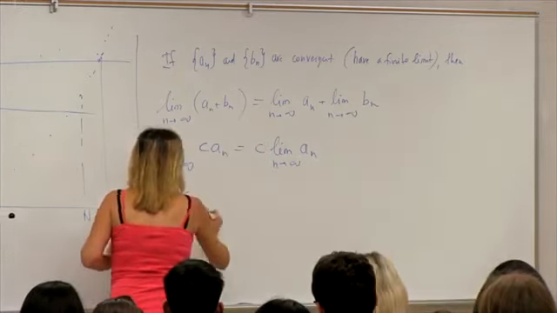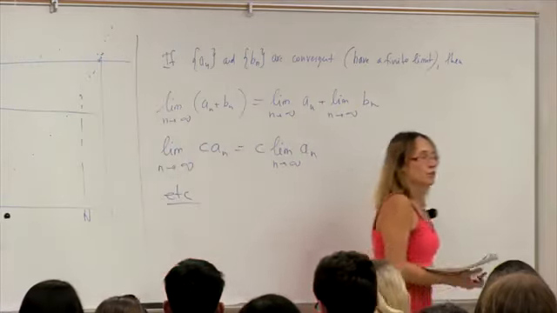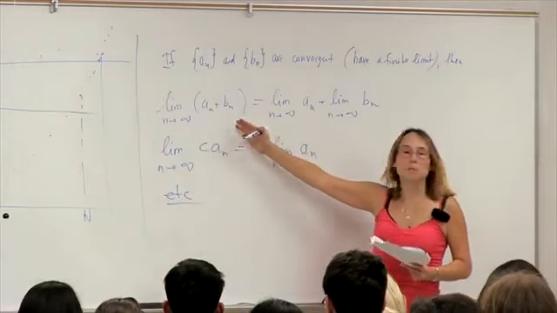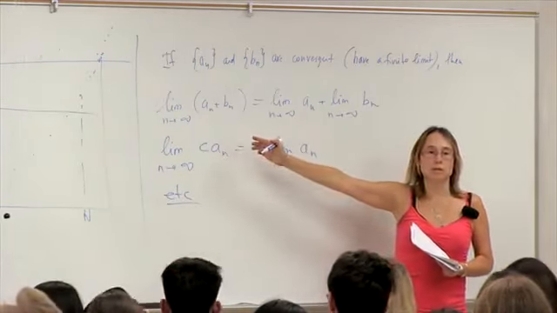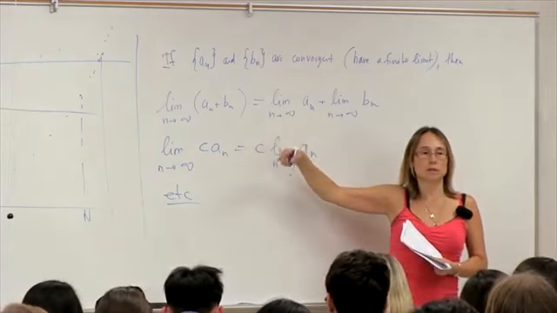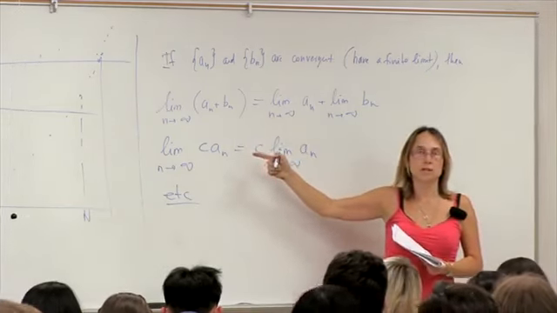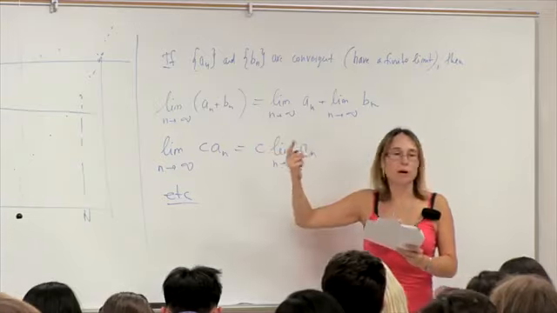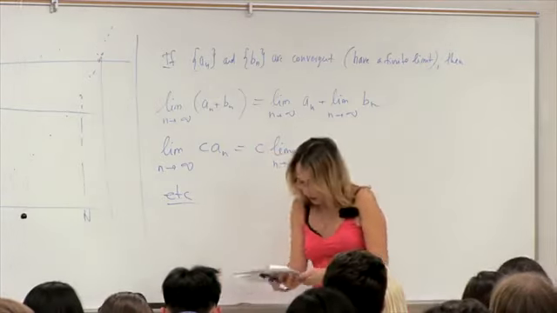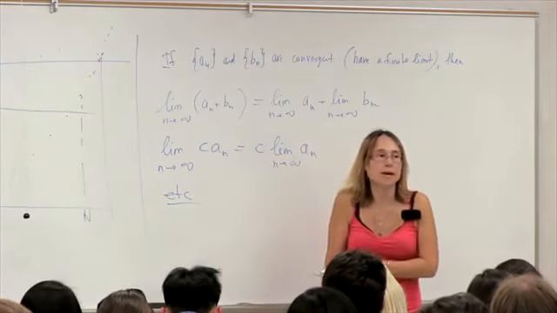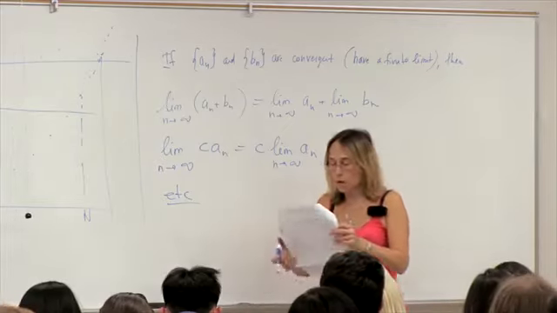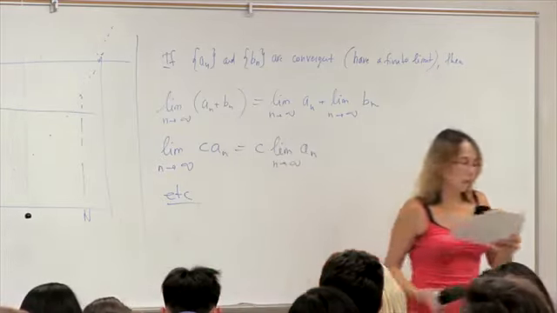And let me put etc. here to save time. You have a similar theorem about a product of two sequences. You have a similar result for the ratio, the difference, and the power. It's all the same as we had for functions. No difference.